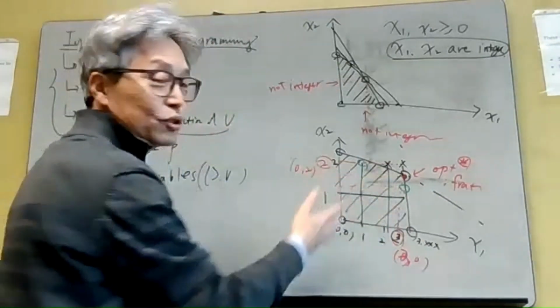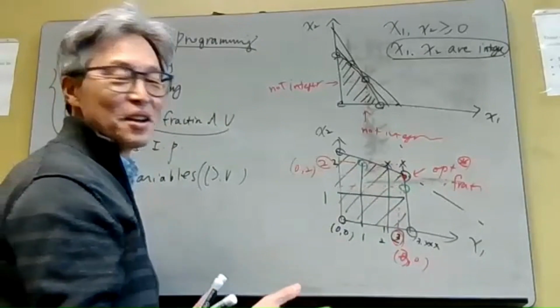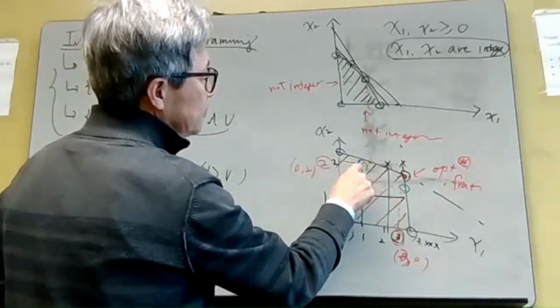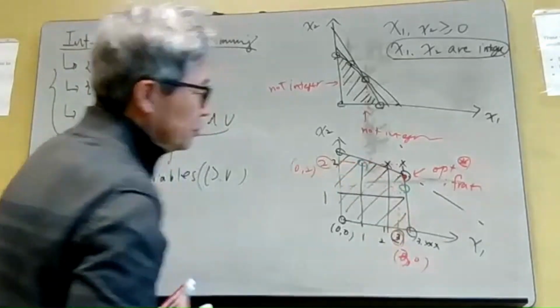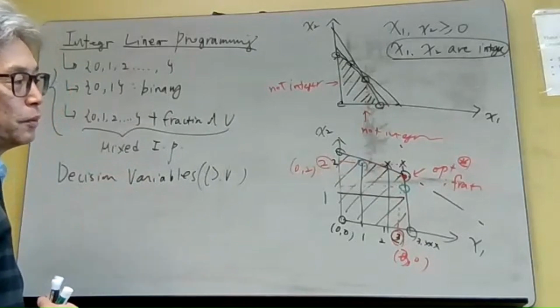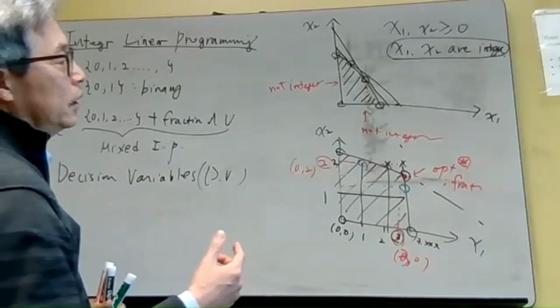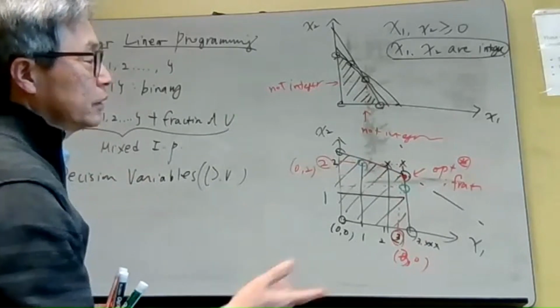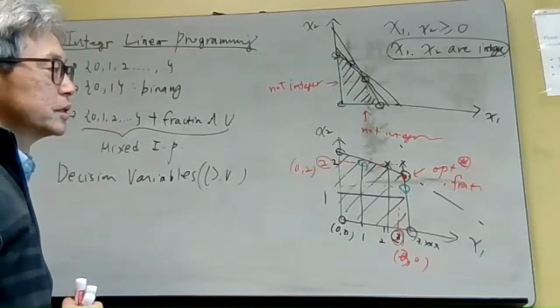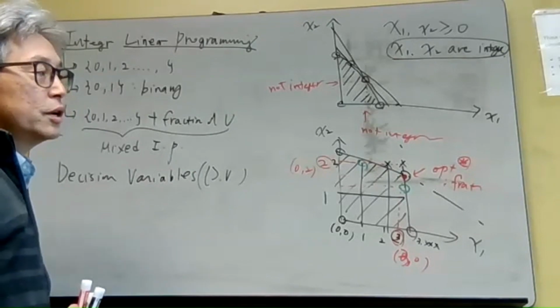My drawing is different from the slides, but you know what I'm saying. So one of these two would be our optimal solution. You can use an enumeration approach with the objective function, but we can find the best optimal solution using Solver.